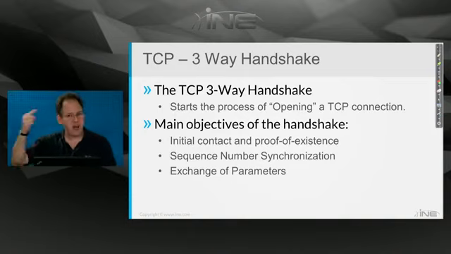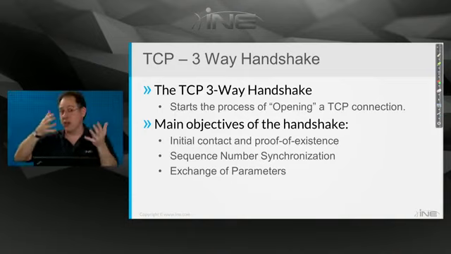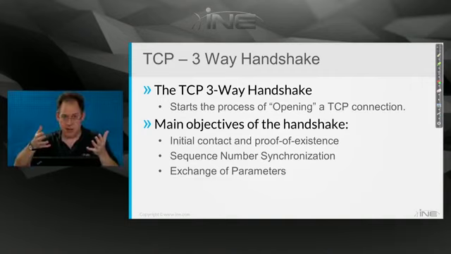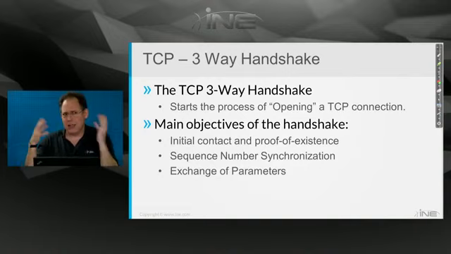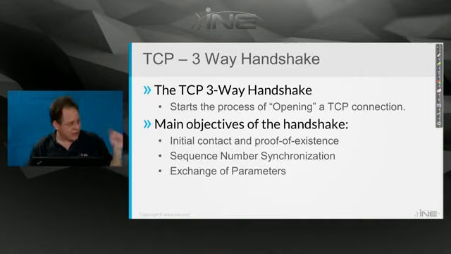But if I send a telnet packet to that server, he's still there, he's got an IP address, he's physically connected to the network, but he's not listening to telnet. He's going to say, what's that? I don't even know what that corresponds to. I'm not listening for that. So that's part of the objective of the three-way handshake.